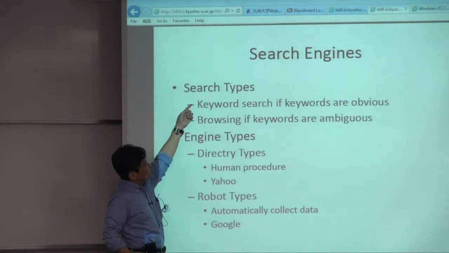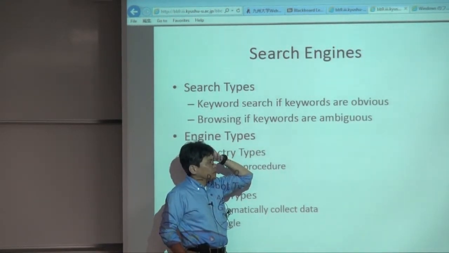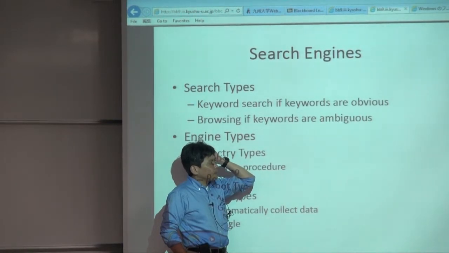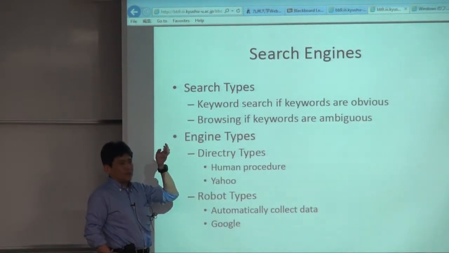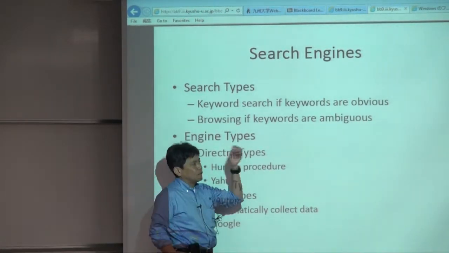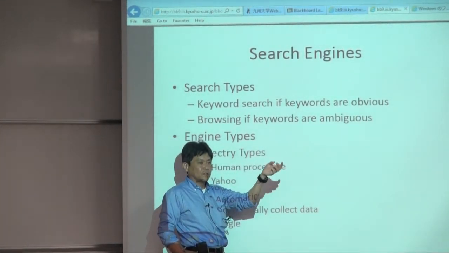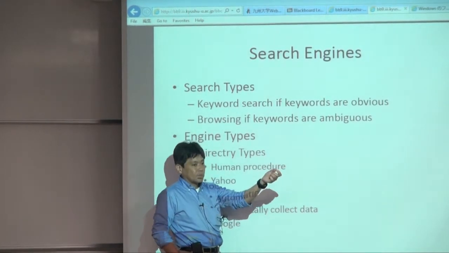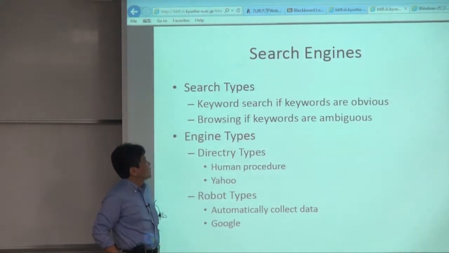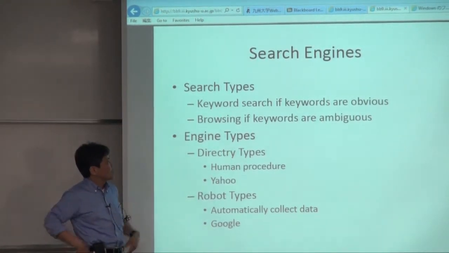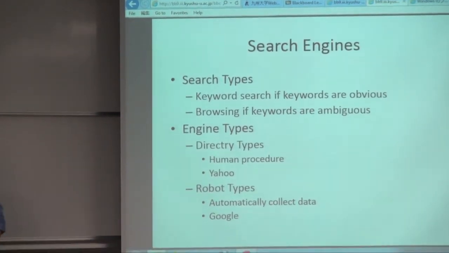But if your required page is very ambiguous, for example, you don't know what kind of word is included in such a page, in such cases you have to browse, changing the home pages one by one.